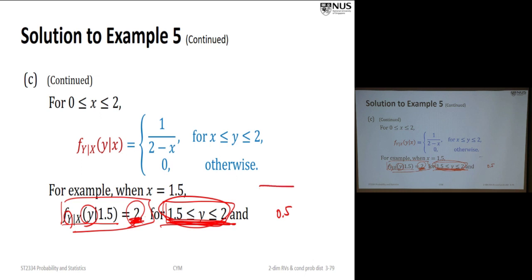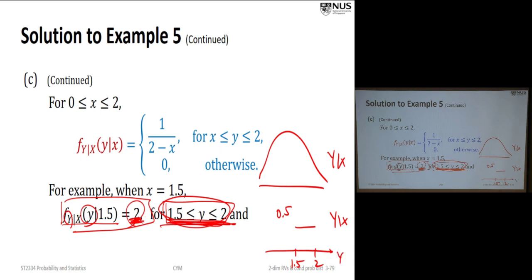So you can think of it, this is the conditional distribution of y given x. Sorry, this is the wrong graph. We're looking at the conditional distribution. It's simply saying that when y takes the value between 1.5 and 2, then this height is equal to 2. Outside that, it is 0.